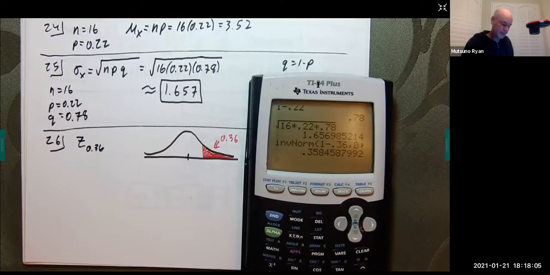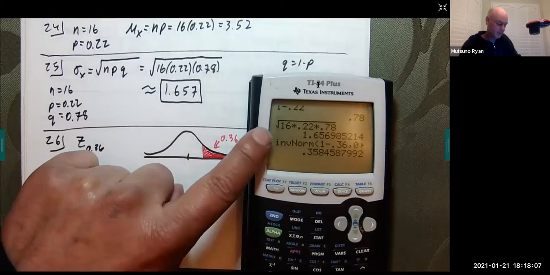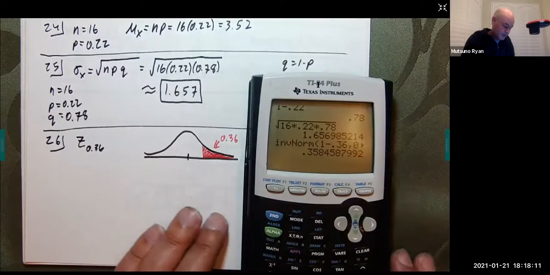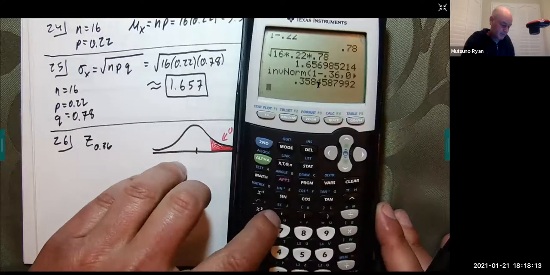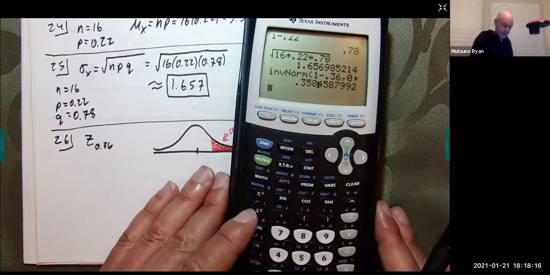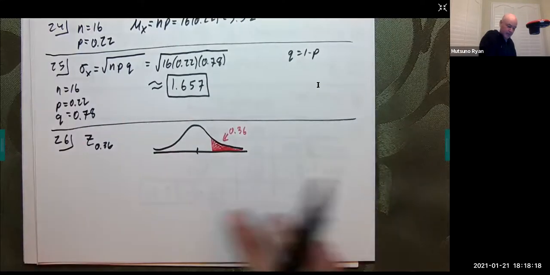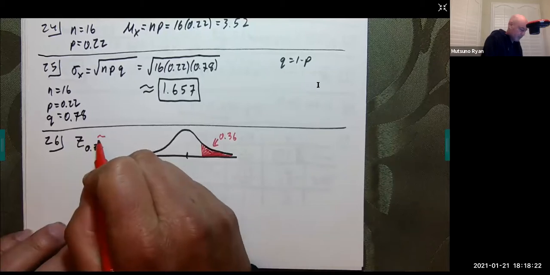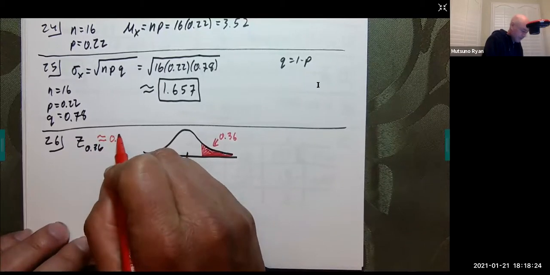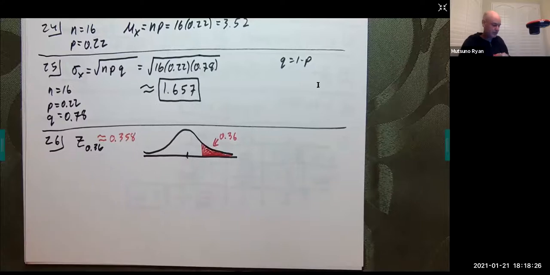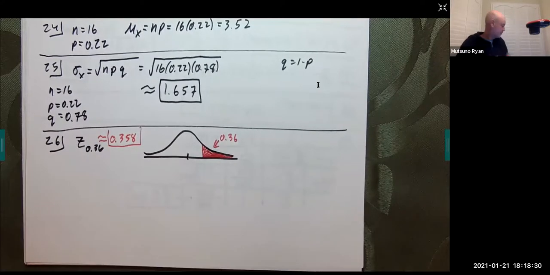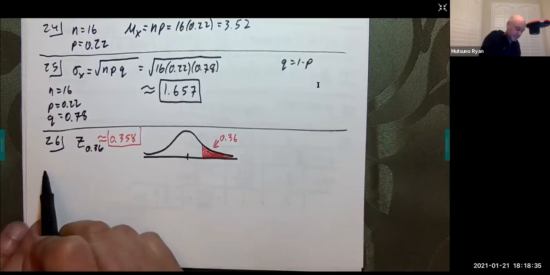We get this. Now, again, if you have an older calculator, it will just say inverse norm, and you'll type it in just like that. The commas are right here, below the sign button, above the 7. And so this gave us 0.358. 26, 27.